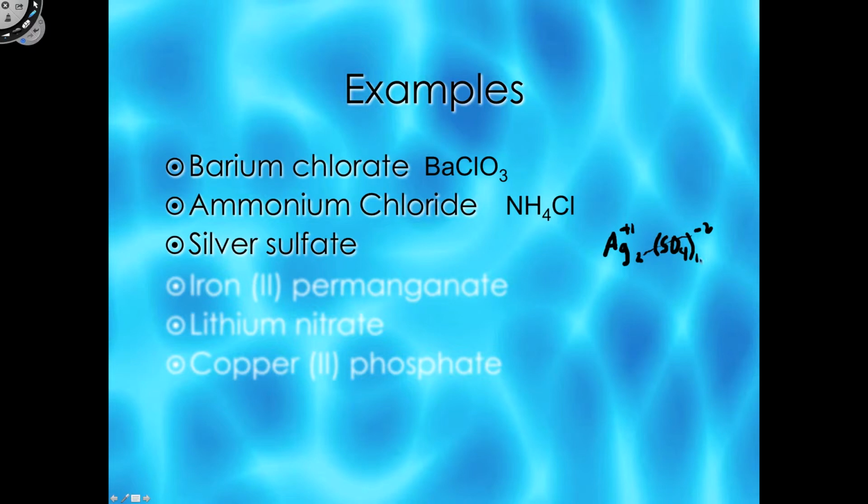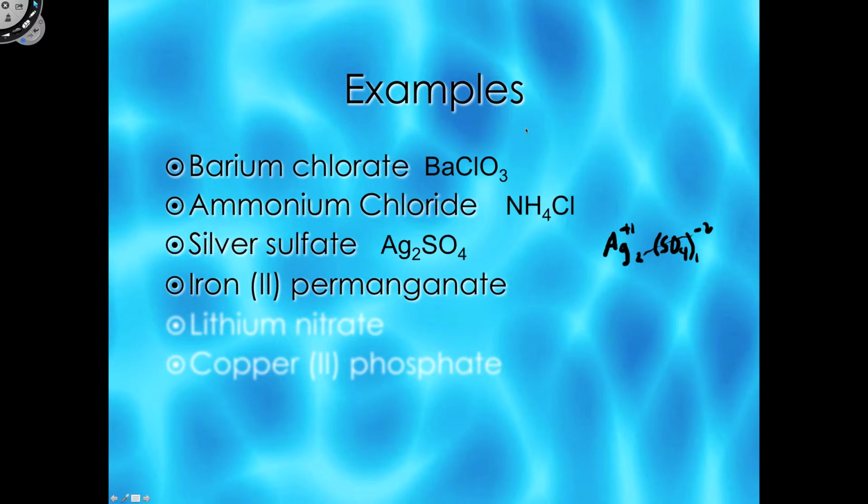Now we crisscrossed, but do we write 1s in chemistry? No, we don't write 1s in chemistry, so even though we did crisscross here, since the 1 isn't necessary, I don't need the parentheses. I do need the 2 down there though, so our answer ends up being Ag2SO4. Putting parentheses and putting the 1 out there is just a waste of ink or lead.